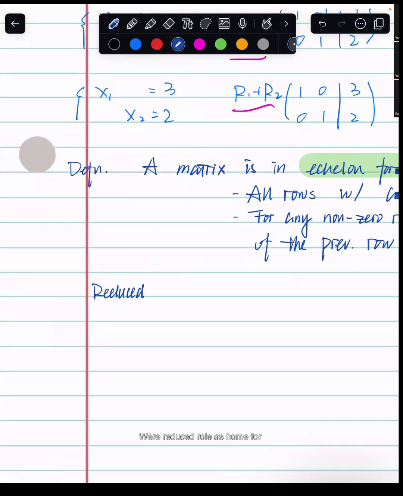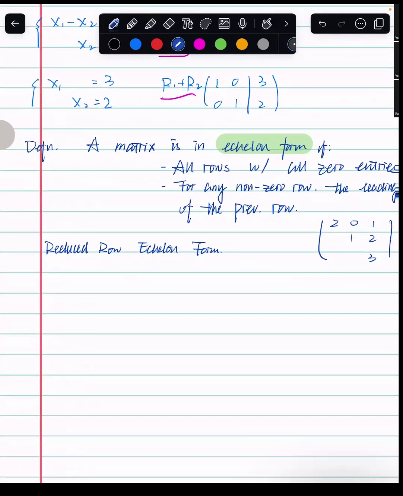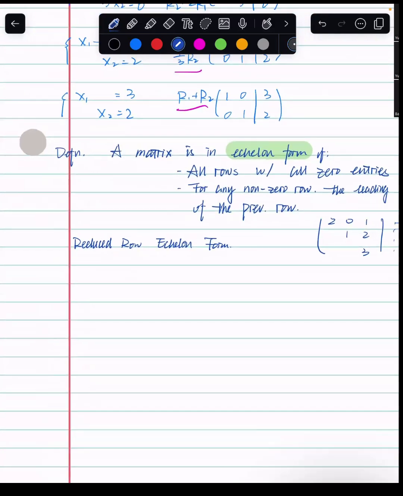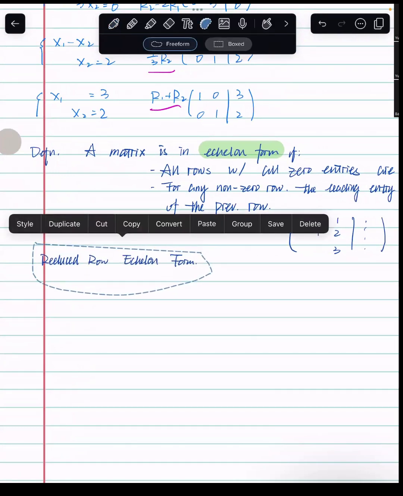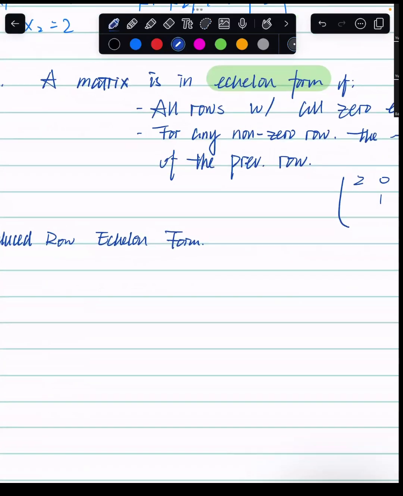Reduced row echelon form: first, it's also in echelon form.